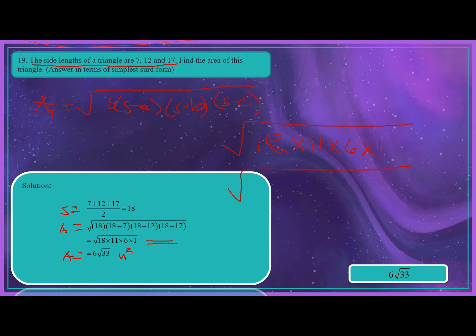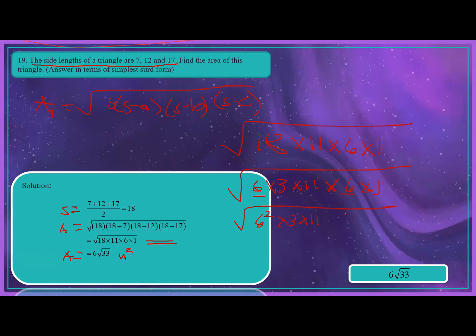Okay, so you factor everything, 18 and 6. So that would be 6 times 3, right? It's 18 and 11, 6 by 1. Okay, so the common one here is 6. So you have 6 squared times 3 times 11.